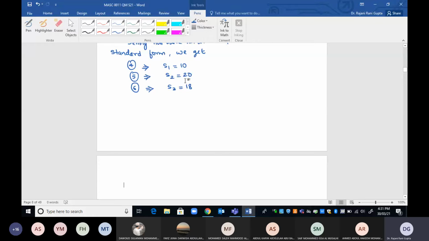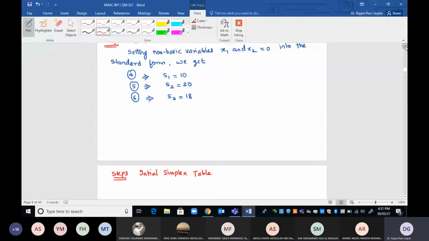Now we move to step 3. Step 3 is setting up the initial simplex table. So here what you need to see, this simplex table is an arrangement.